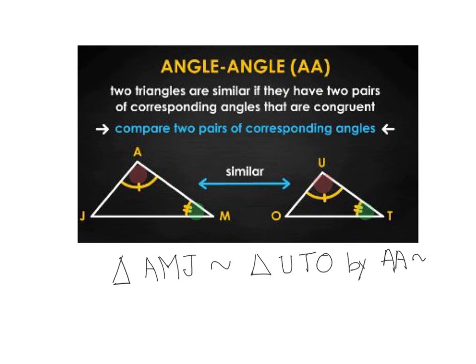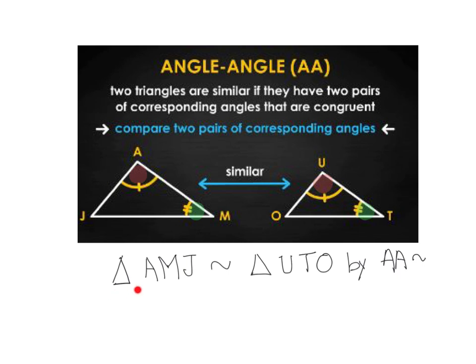The next part of the chapter, we started looking into our similarity postulates and theorems. Here we have what we call our angle-angle similarity. Angle A corresponded to angle U, and angle M corresponded to angle T. And if we have two angles that are congruent in a triangle, then we are going to have similarity.